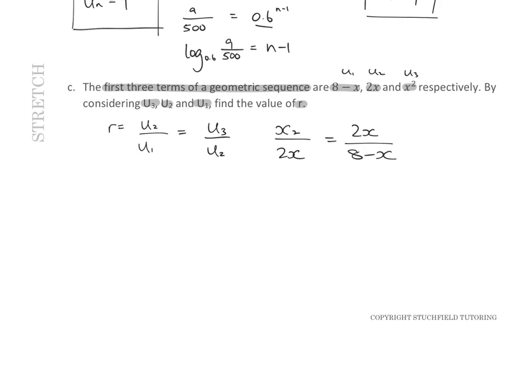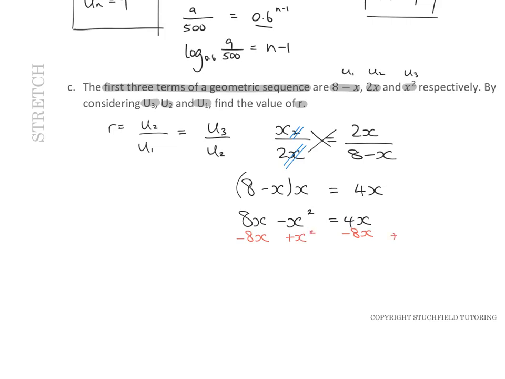And actually, before I cross multiply, I'm going to simplify the x's and that x there. And now I'm going to multiply because there's an equal sign. So 8 minus x, x equals 4x. So if I minus 8x, then we get x squared minus 4x equals 0.